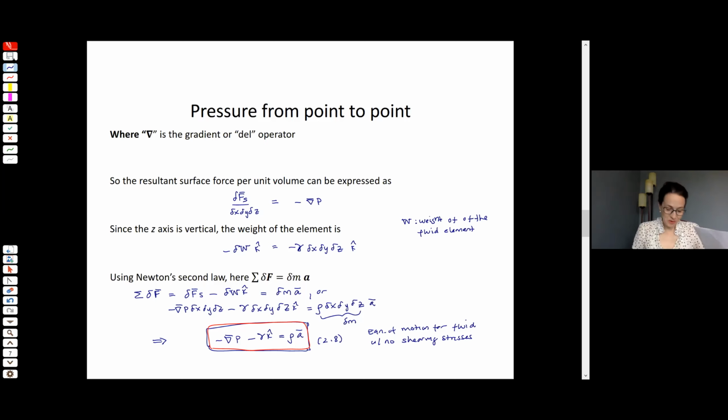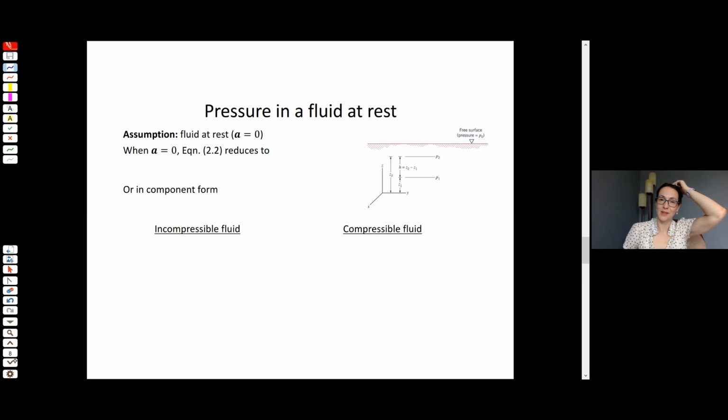Okay, now we're getting to the point where we can make the assumption that we are dealing with a fluid that's at rest, and we can start to look at, from a fluid dynamics perspective, the question of the giraffe: why the giraffe needs such a high blood pressure. Now we're taking that equation we just derived for a fluid with no shearing forces, and we're making an additional assumption that the fluid is at rest, so our acceleration is 0 in all three directions.